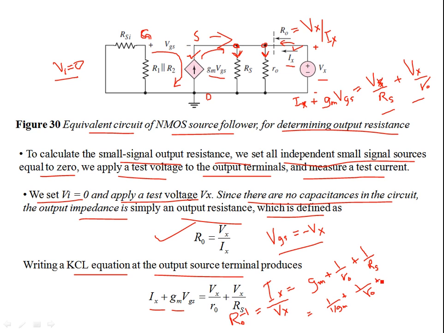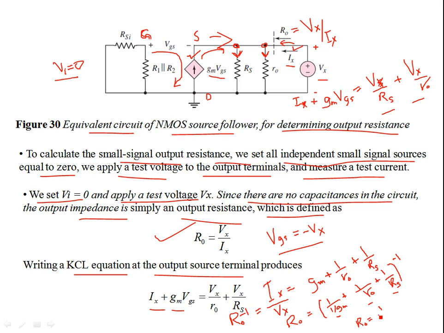So you see this whole thing has the dimensions of R naught inverse, or if you want to evaluate R naught, then R naught is basically equal to, you take the inverse of both sides. So this means that of these three terms in the denominator, this is a parallel combination of these three terms. That means your R naught is nothing but the parallel combination of all these three resistances.